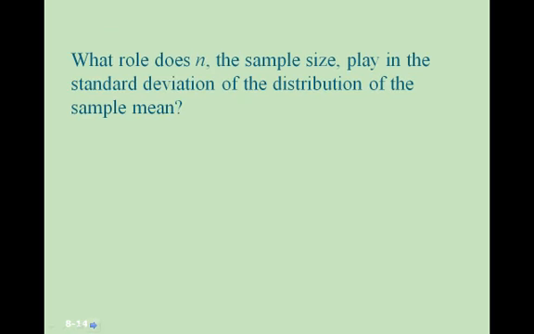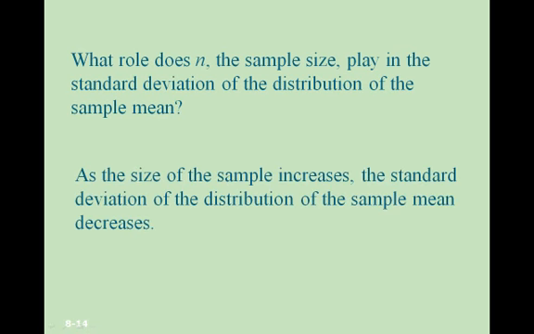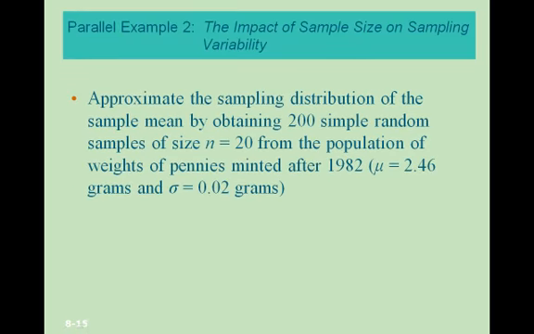So what role then does n, or the sample size, play in the standard deviation of the distribution of the sample mean? As the size of the sample increases, the standard deviation of the distribution of the sample mean decreases. So let's look at this example again and look at the impact of the sample size on our sampling variability.